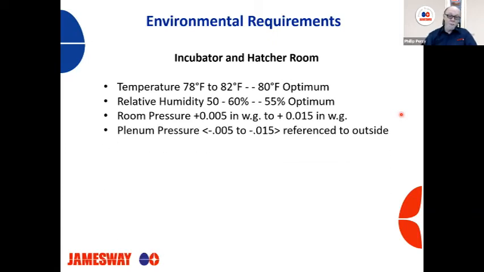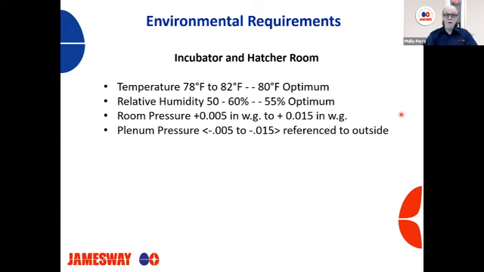If you're using a plenum for your hatchers, and some of our incubator customers also use a plenum for their incubator exhaust, and you're referencing that plenum pressure to the outside, it'd be a negative 0.05 to a negative 0.15.